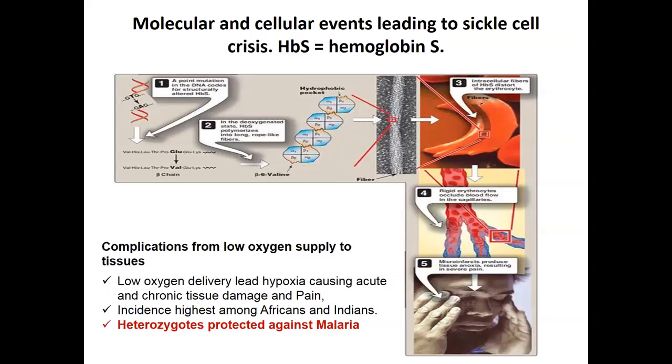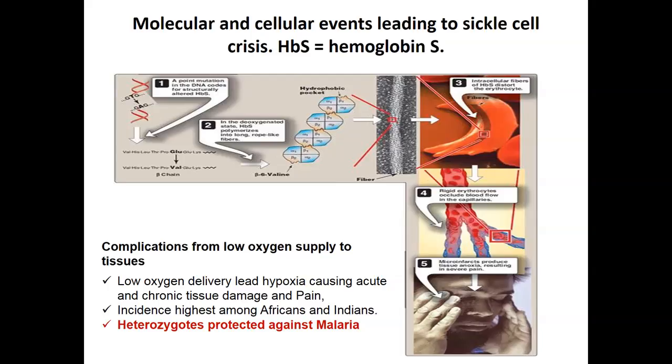So basically, the normal amino acid at position 6, glutamate, is hydrophilic, and it is now changed for a valine that is hydrophobic. That small change is the cause of all this disorder. Is this clear? That change causes polymerization.